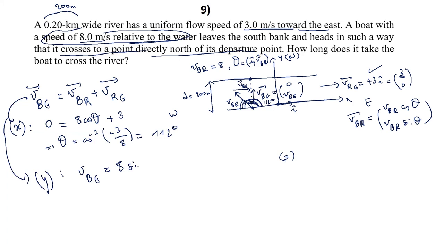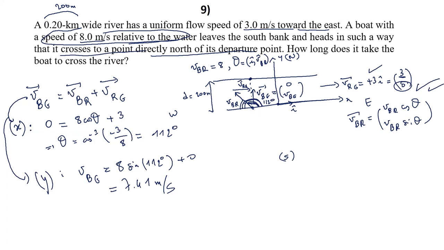So 8 sine, where theta is 112 degrees, plus VRG along y, which is just 0 here, as you can see. And this will give me 7.41 meters per second. So this is the velocity of the boat with respect to the ground, and it only has a y component, okay?